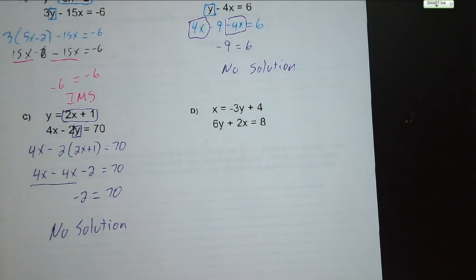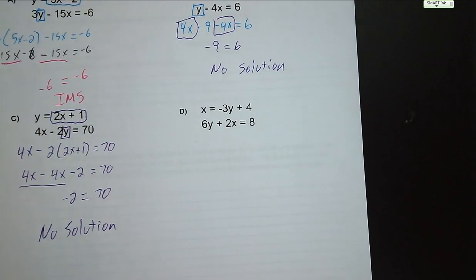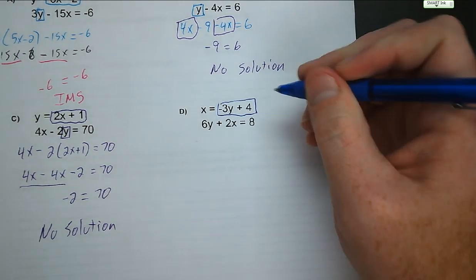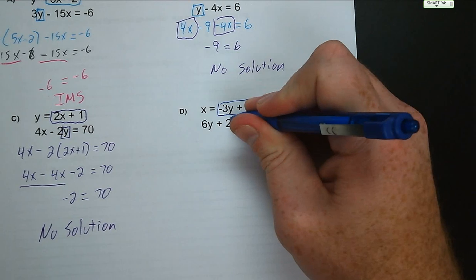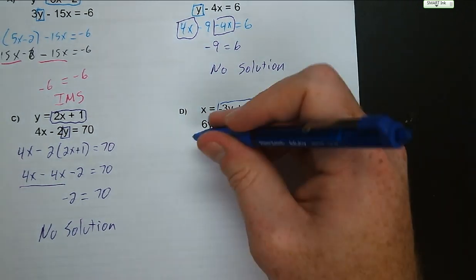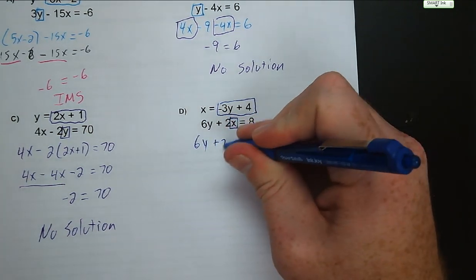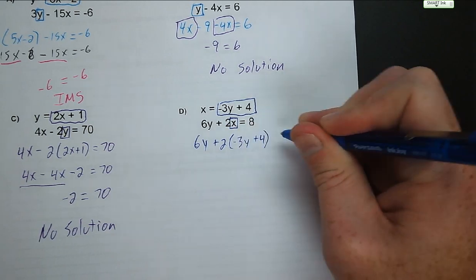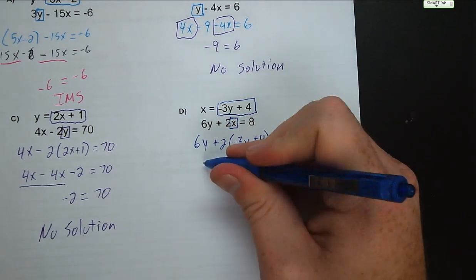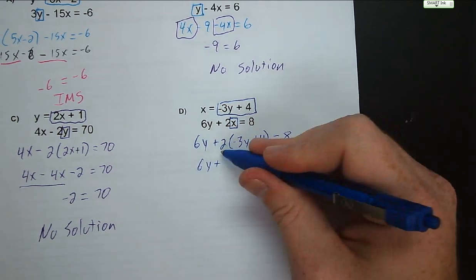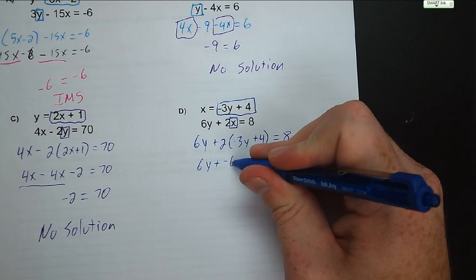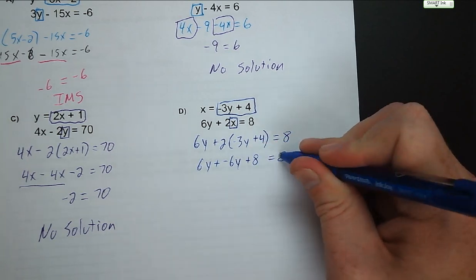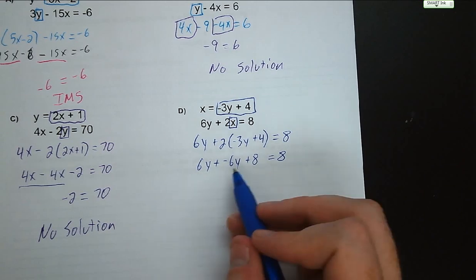All right. Last problem, letter D. We have solved for x this time. So we're going to substitute that in for x there. So we have 6y plus 2 times the quantity negative 3y plus 4 equals 8. 2 times negative 3y is negative 6y. 2 times 4 is 8. 6y plus negative 6y is 0.